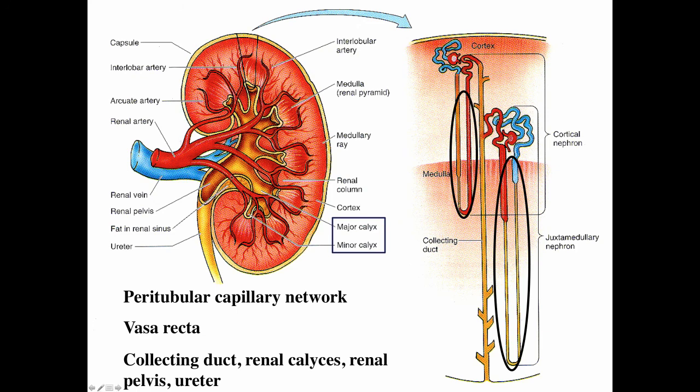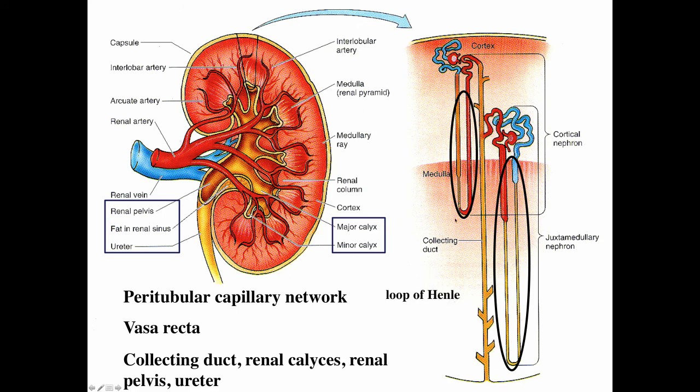As you might imagine, the collecting ducts are draining down deep into the medulla of the kidney. They're going to empty into minor calyces. These minor calyces are going to coalesce into the major calyces, and the major calyces themselves will coalesce in the area of the renal pelvis into the ureter. And you may remember from gross anatomy, in the region of the renal pelvis and in the area so-called renal sinus, there's a lot of adipose tissue.